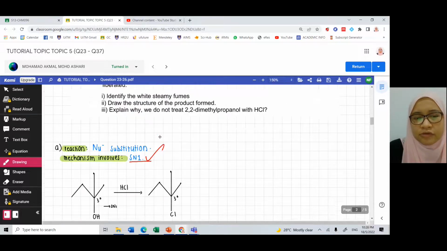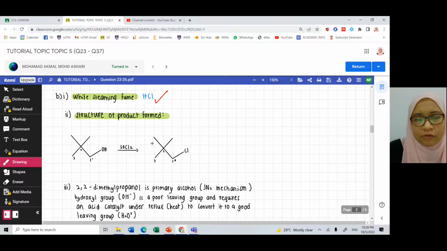So when we draw this 2,2-dimethyl propanol, this is how it looks like. Let's just check 1, 2, 3. So this is the longest parent. So it is propanol, and at carbon number 2, we have 2 methyl groups. So it is 2,2-dimethyl propanol.